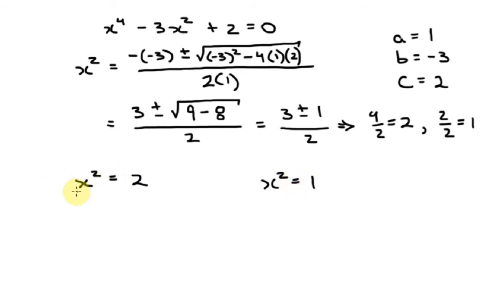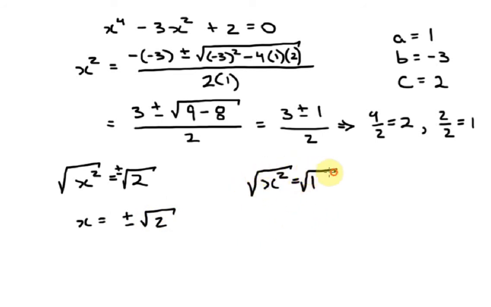We solve this by square rooting both sides, and of course that brings in plus or minus. So I now have x could be plus or minus the square root of 2. And over here, when I square root both sides, x equals the square root of 1, plus or minus, which is 1.